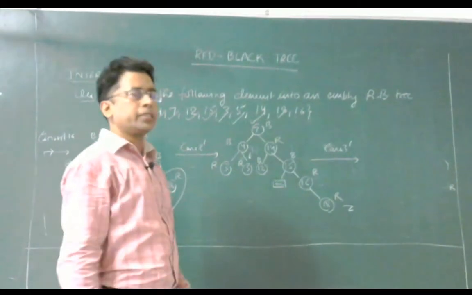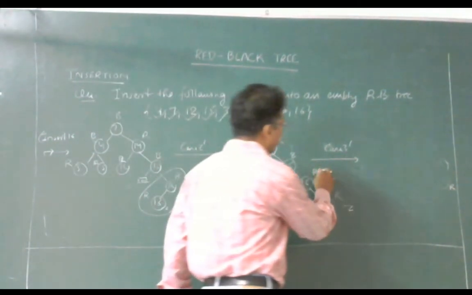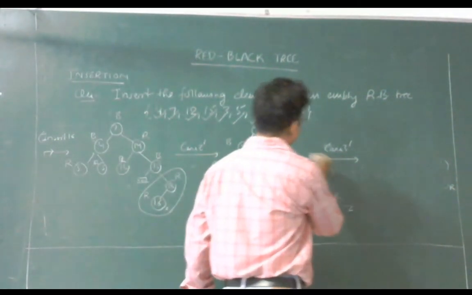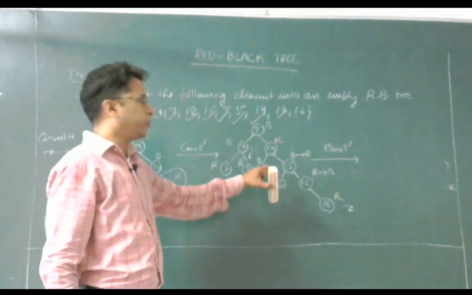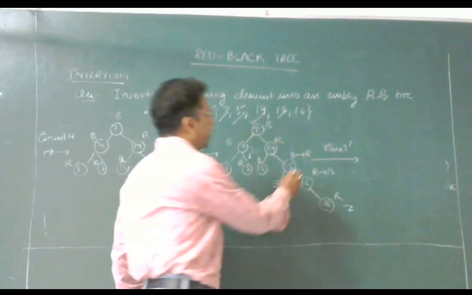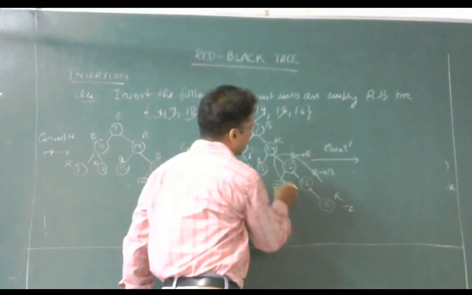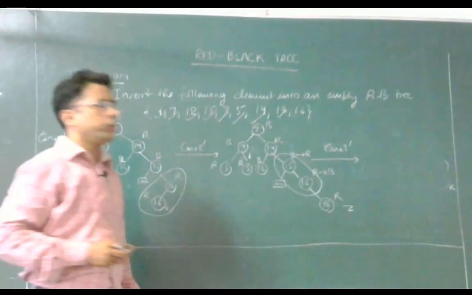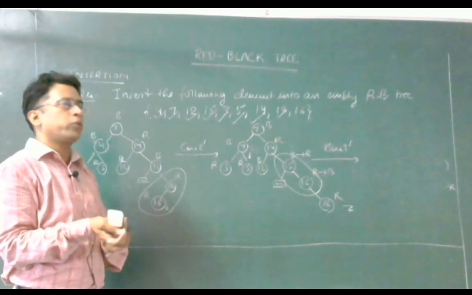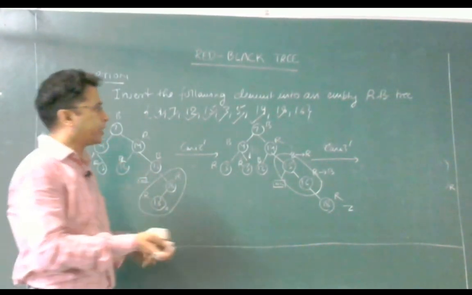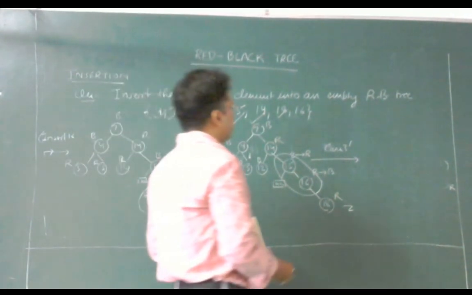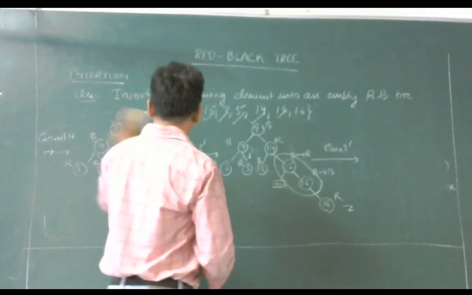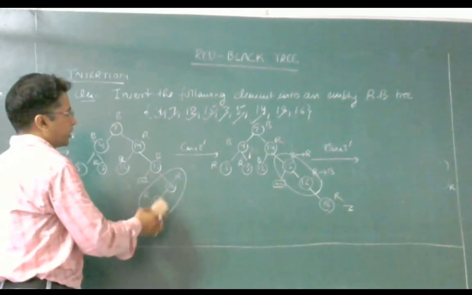What we do in case 3 dash, we change the color of parent into black and color of grandparent into red. And after that, we perform the left rotation between parent and grandparent. So after the rotation, this will convert into, I am rubbing this part and drawing the same figure once again.